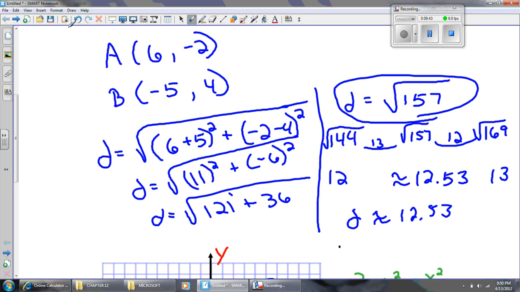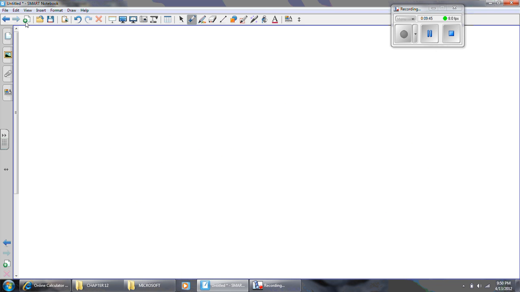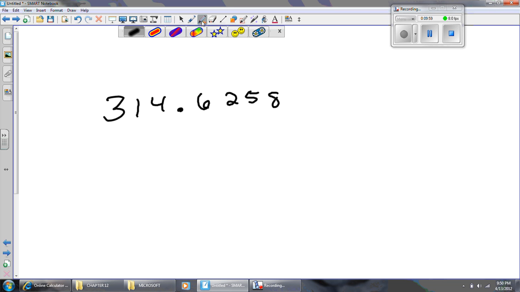Rounding is such a simple thing. I had a pre-algebra kid show me a trick that they use when they have something like 314.6258. What they did was they put a 1 above the decimal point, and they put a series of zeros. I know I've shown you this before, but some of you are still rounding incorrectly. And for honors algebra, it's not acceptable to be rounding wrong.